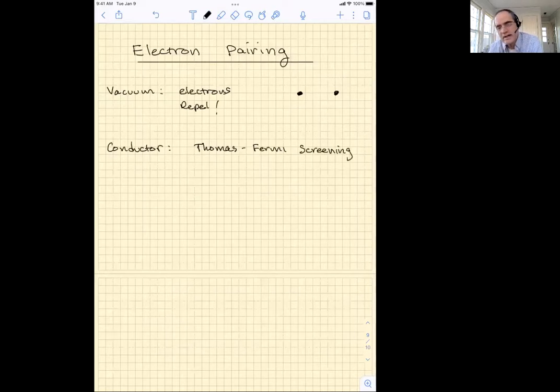That is, the other conduction electrons in the material rearrange themselves to try to cancel out the electric field. Okay? In addition, the other charges in the material, the lattice ions, will themselves rearrange slightly around the electron because those positive charges are attracted to the negative charge on the electron, and that also screens the electric field.